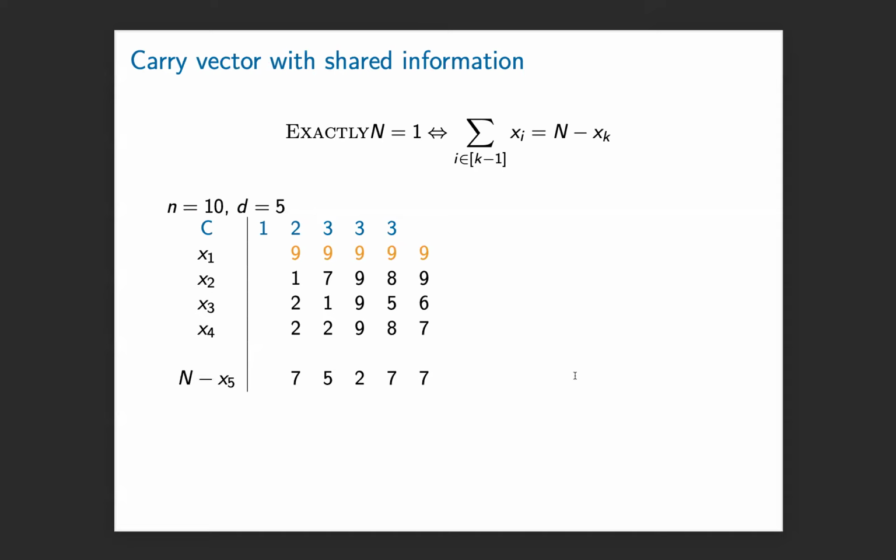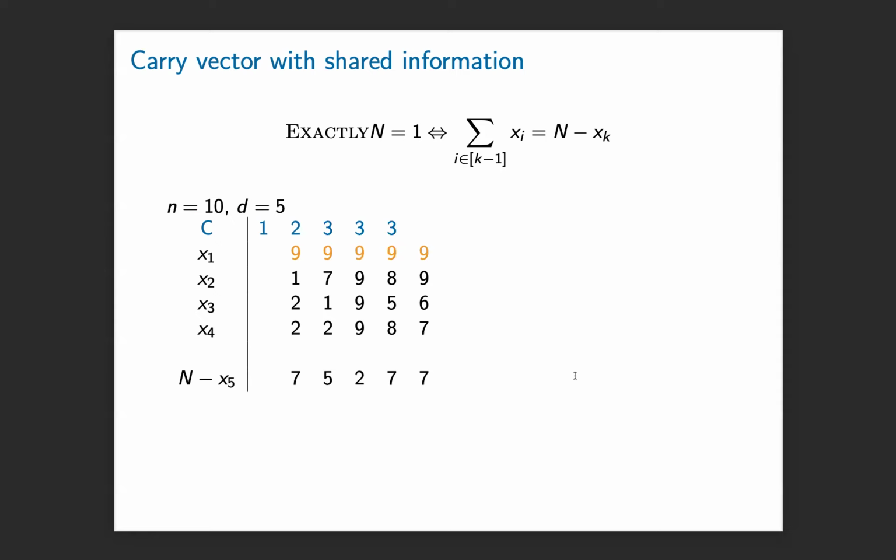I'm lying to you a little here because I didn't take into consideration what if we're close enough to the boundary that the carry from the previous column does something, but it turns out that if you have the player that knows x1 compute from left to right, what I said doesn't end up being a big issue.